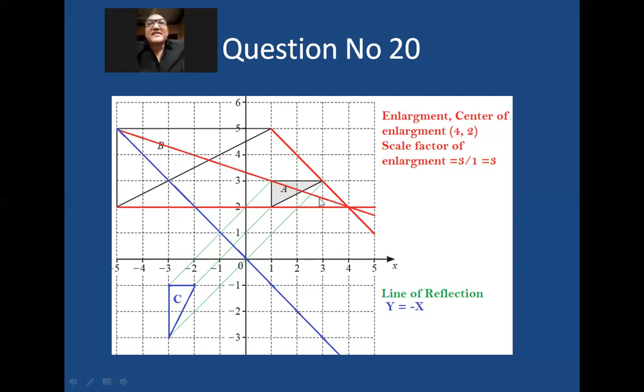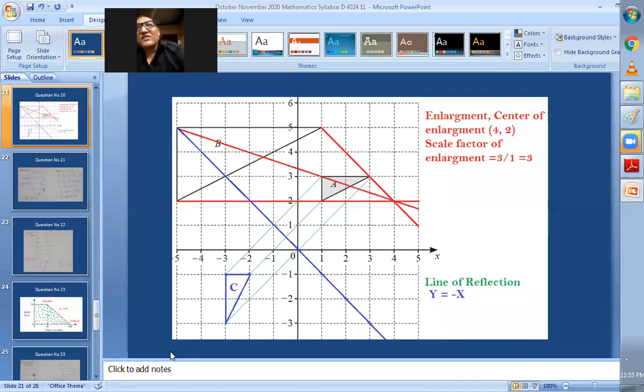And this point is one, two, three diagonals, so on the same line, move forward one, two, three diagonals. So this is the image. This is how I reflected triangle A in the line y equals minus x, and the name of the image is C. I hope that you have also understood how this reflection is done.